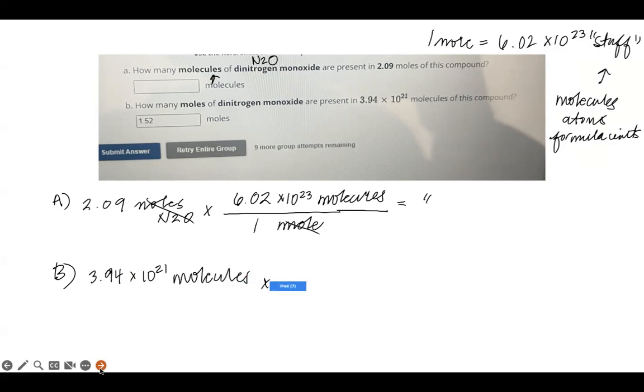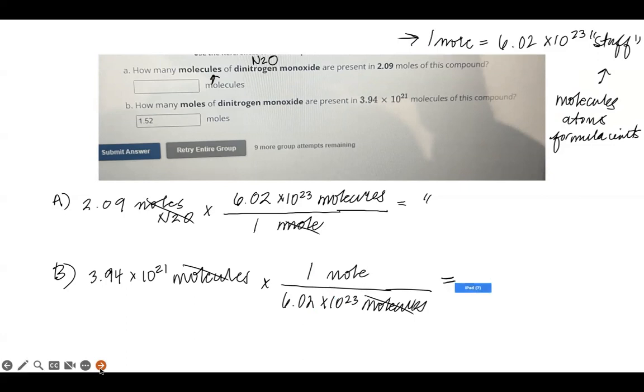So again, we can use the Avogadro's number conversion factor here, where 1 mole equals 6.02 times 10 to the 23rd molecules. So I put molecules on bottom because I wanted them to cancel. I put 1 with mole because that's how the conversion factor works. And I put 6.02 times 10 to the 23rd with molecules.